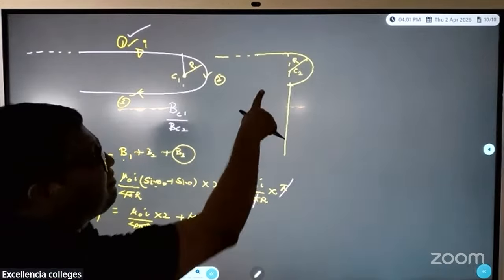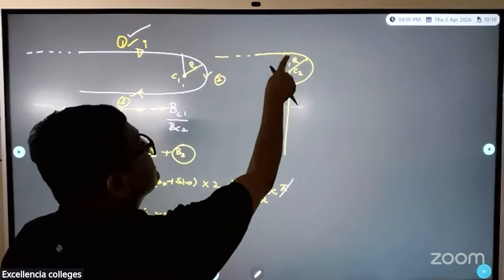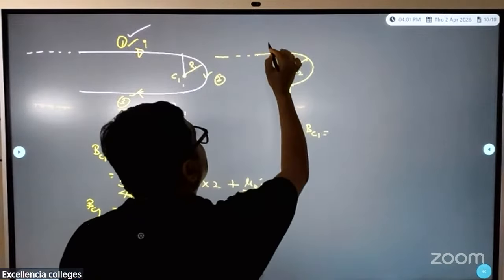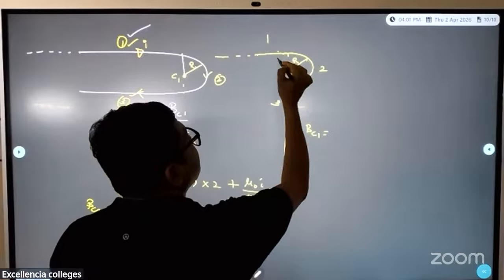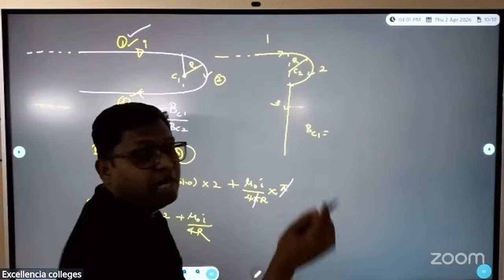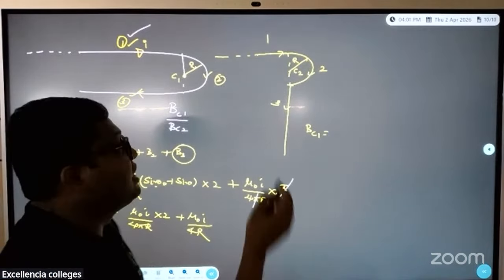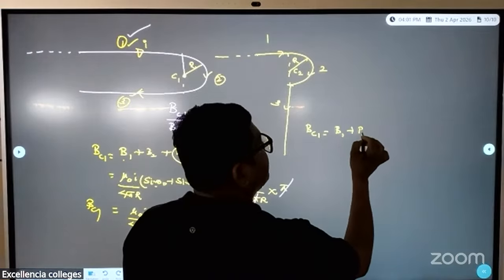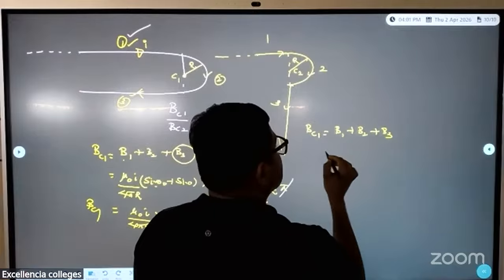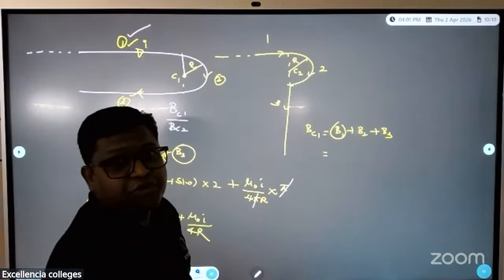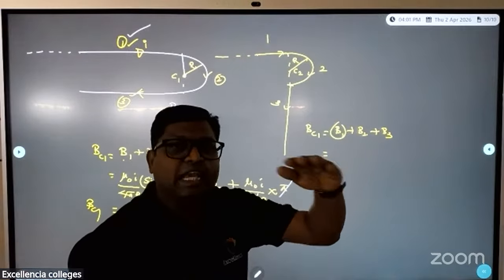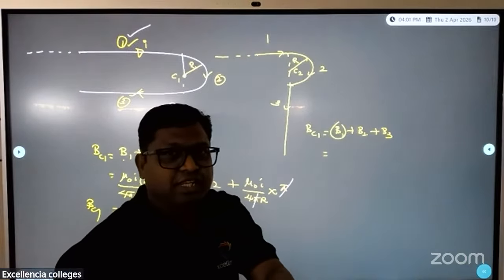Let's calculate the magnetic field at the second center. This is again a semi-infinite wire. So the magnetic field at center C2 equals segment 1 plus 2 plus 3, the contribution of each segment at the center. What is the field due to the first segment? It is a semi-infinite wire, so you calculate as mu naught I by 4 pi r into sin theta 1 plus sin theta 2.